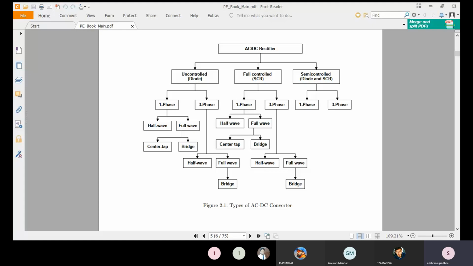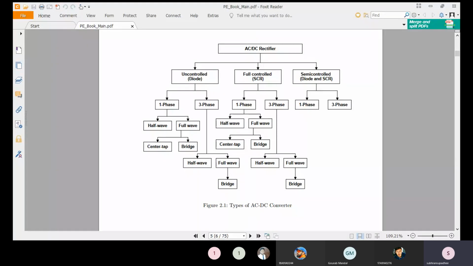Similarly, there is a full control. Full control means SCR, silicon controlled rectifier. SCR is a type of switch where you provide an external gate pulse to control the switching on and switching off of the switch. So that is called a fully controlled switch, SCR, silicon controlled rectifier.